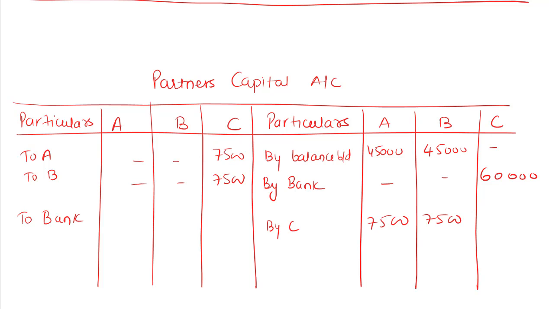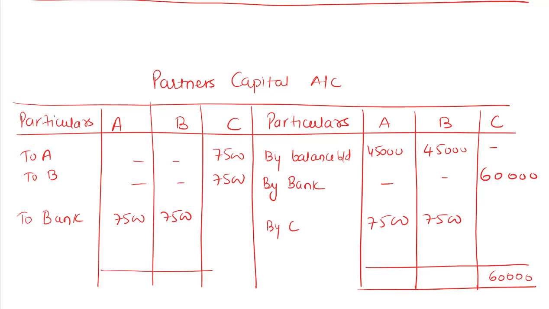Withdrawal of goodwill, to bank 7,500, 7,500, by old partners. Closing entries: C 60,000, B 52,500, and A 52,500.